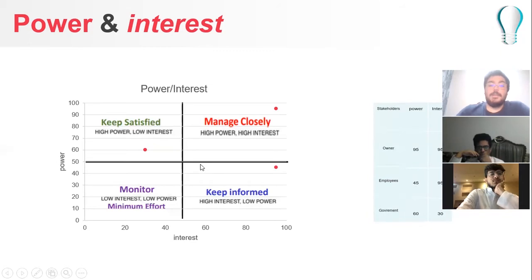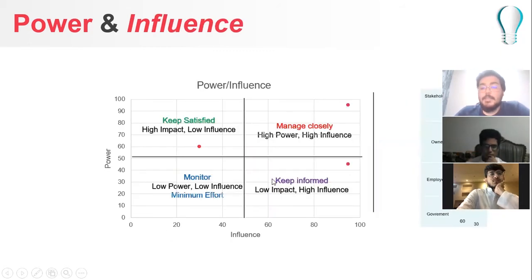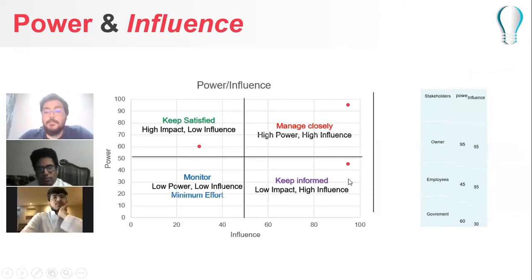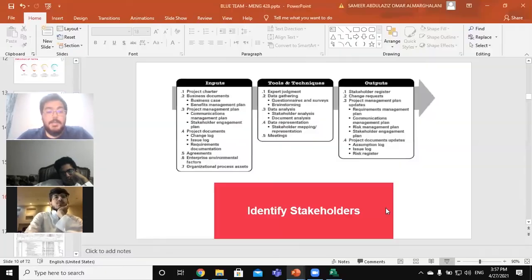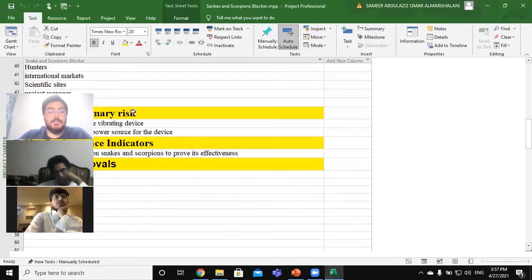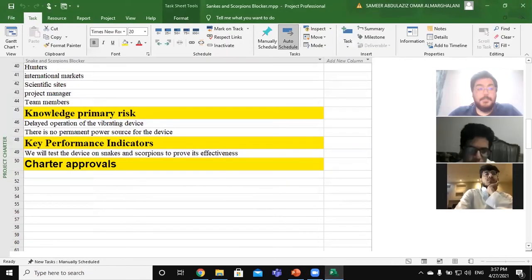And the next chart, as you see here, is the relation between the power and the influence for our stakeholders. Then we have the relation between impact and influence for our stakeholders. Okay, now let's go to the MS Project and see what we did there.